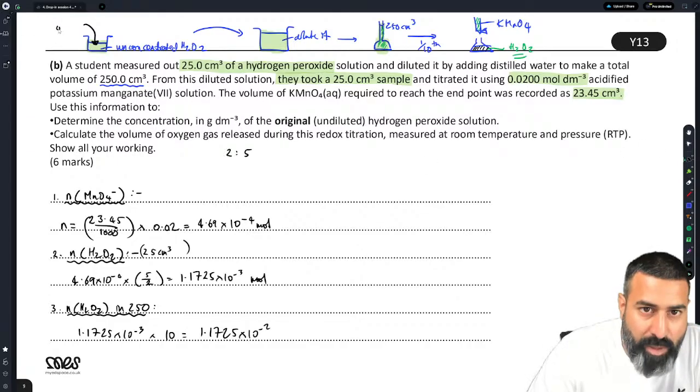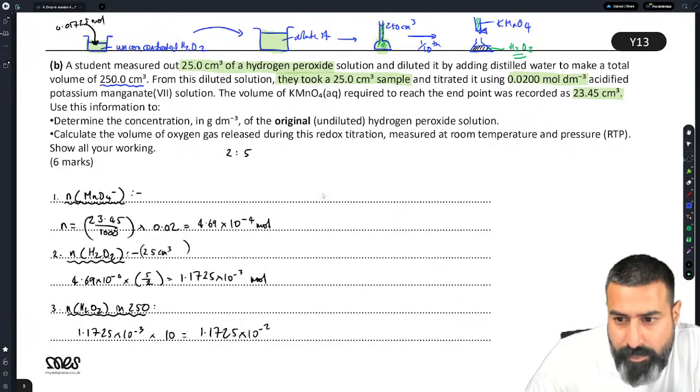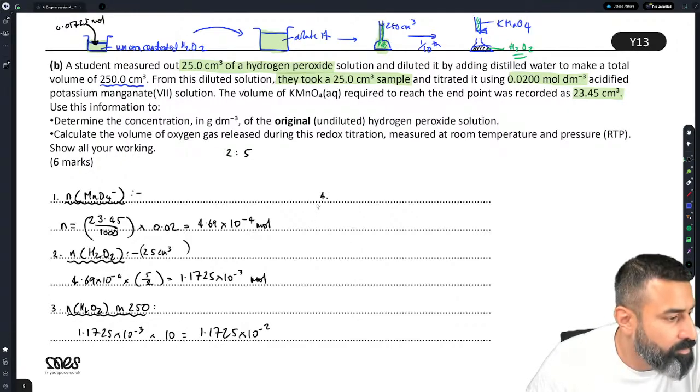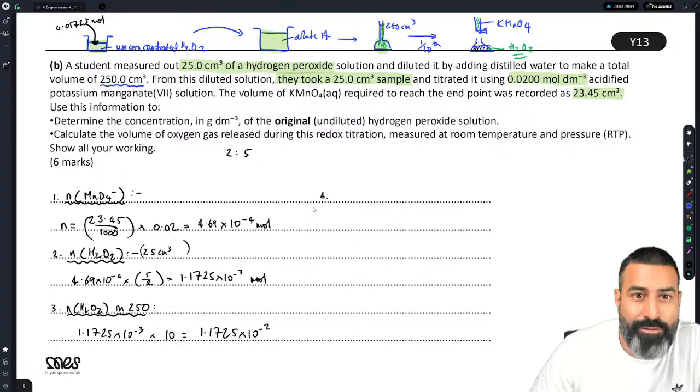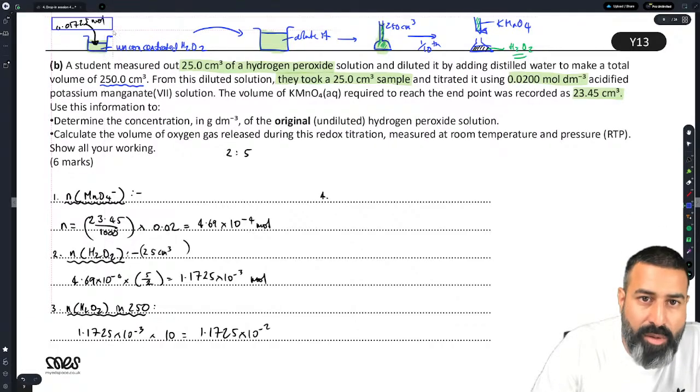So that must be whatever it is, 1.1725 times 10 to the minus 2 moles in the undiluted sample. So how do I work out the concentration in the original? Ooh, times it by the MR to find the grams. Absolutely. So we've got the number of moles in question.